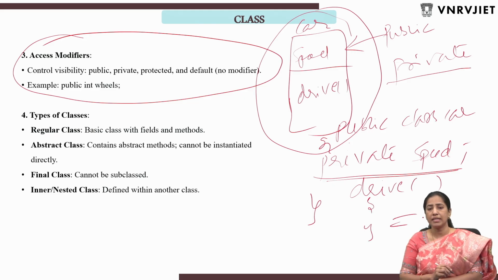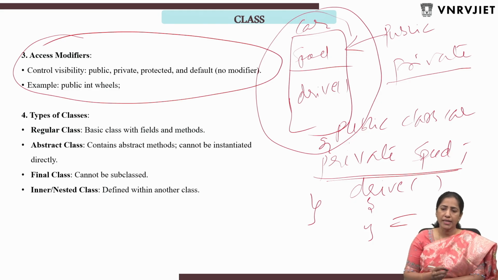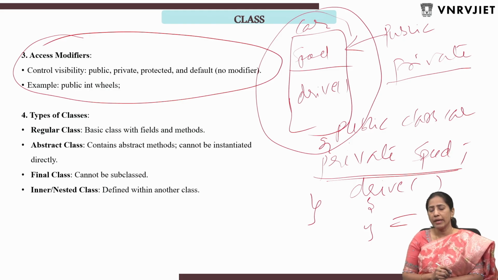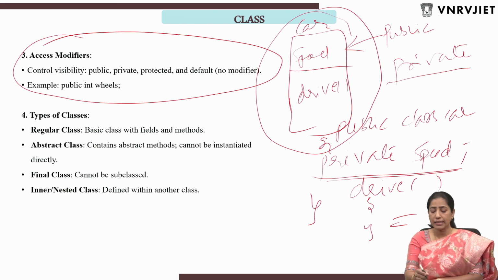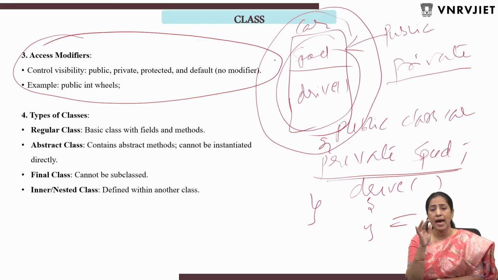Like that, we also have protected and default access specifiers. If it's a default specifier, then only other classes within that package can access these members and member functions. If it is protected, then protected members and member functions can be accessed in the entire package, and outside the package also.